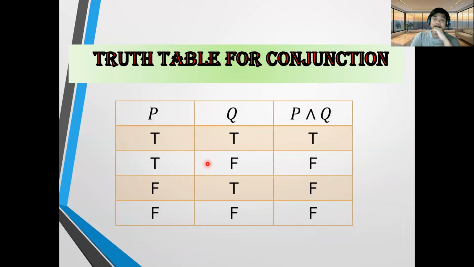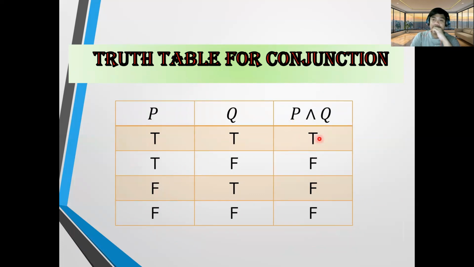We have P and Q, and then the combinations of true and false. We have true, true, true, false, false, true, and false, false. So these are the possible values of P and Q. And then we're going to evaluate the truth value of our P and Q. Remember, when we say 'and' as our operation, both must be true for it to be true. Otherwise, it will be false.